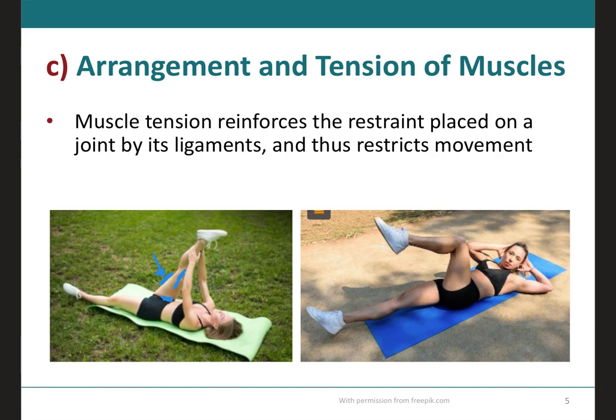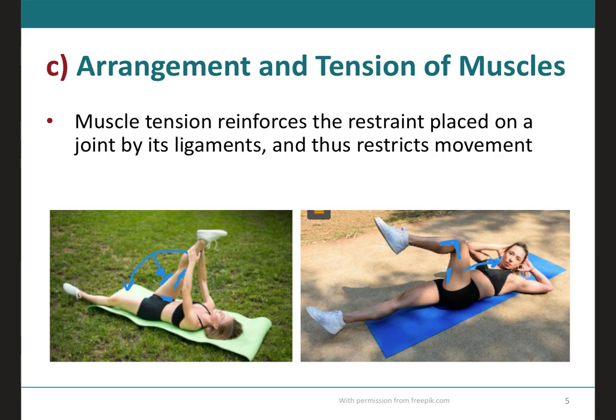Most of us can't raise a straightened leg more than a 90-degree angle from the floor. But if you flex your knee, the tension on the hamstring muscles diminishes, and the thigh can be raised farther, allowing you to touch your thigh to your chest, as seen in this image over here.